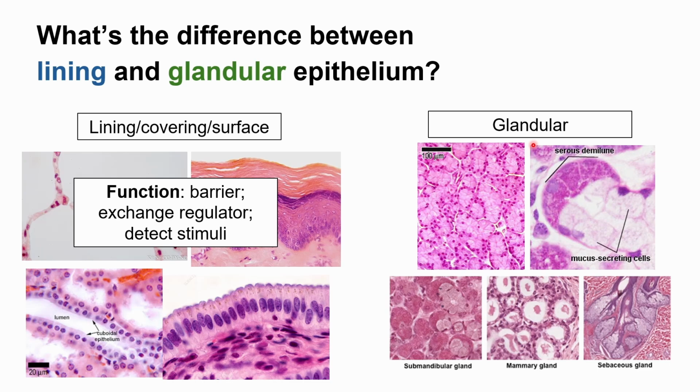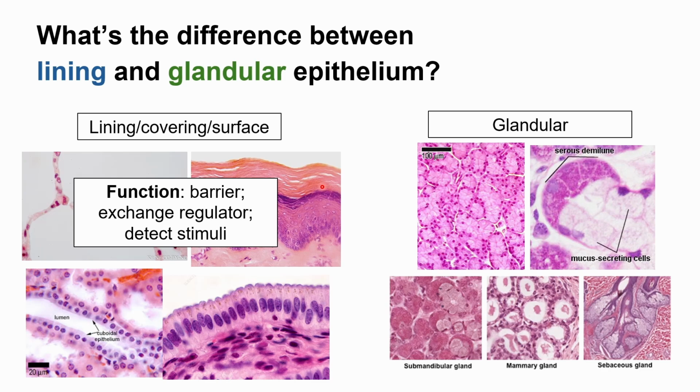Based on its name, its function is to serve as a barrier, okay, against outside particles or the outside environment, and it keeps the inside parts or other tissues within the tissue or the organ separate from the outside environment. Okay, which makes sense, right?